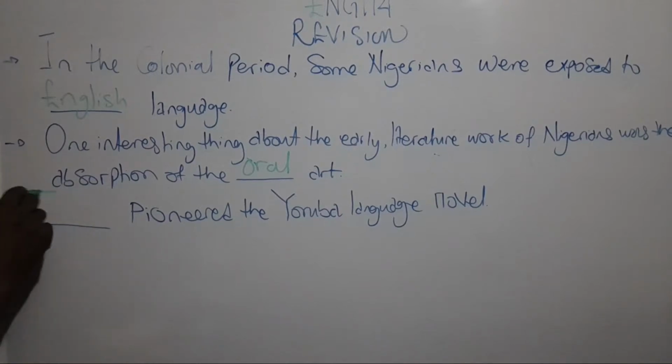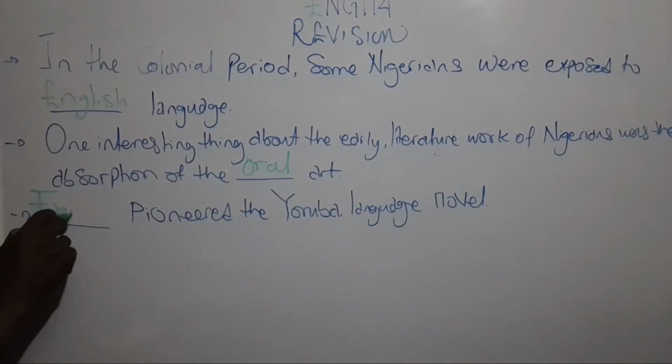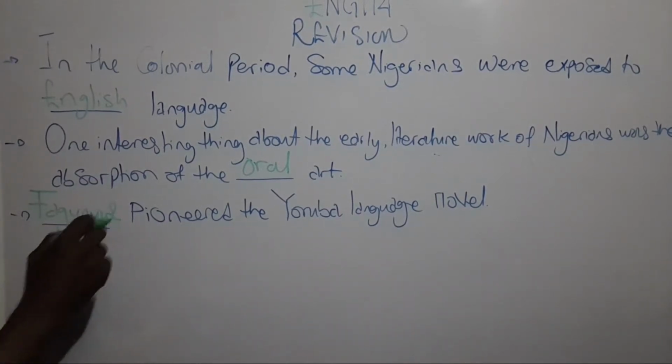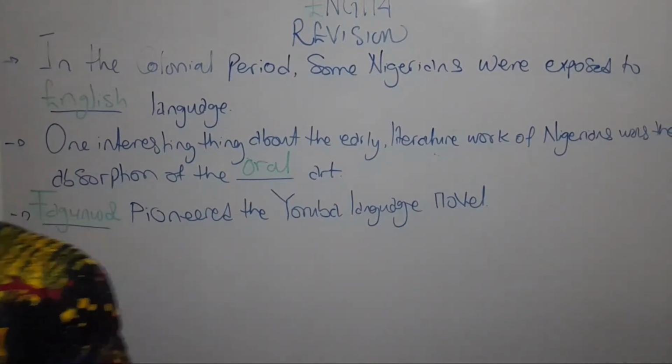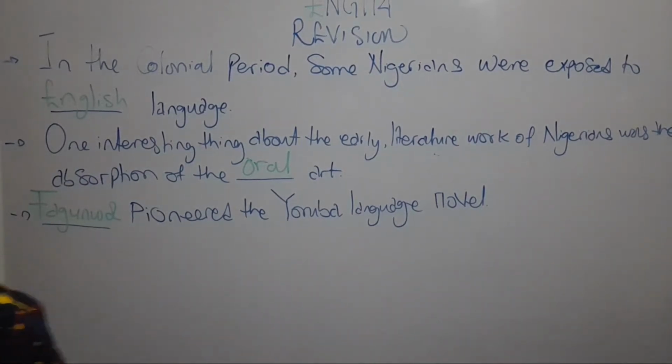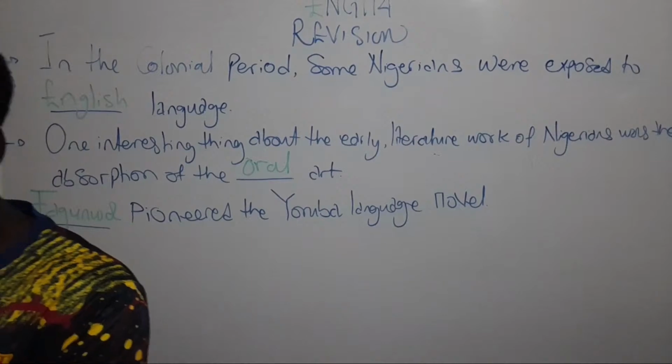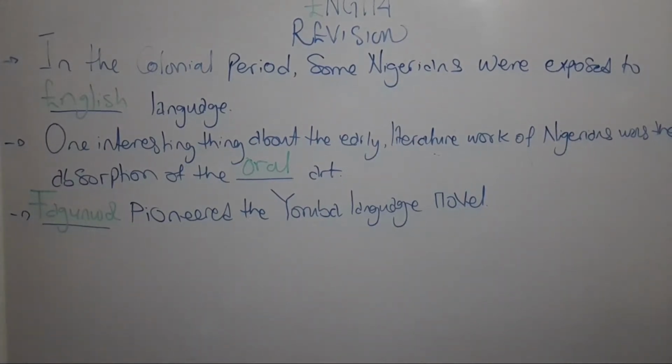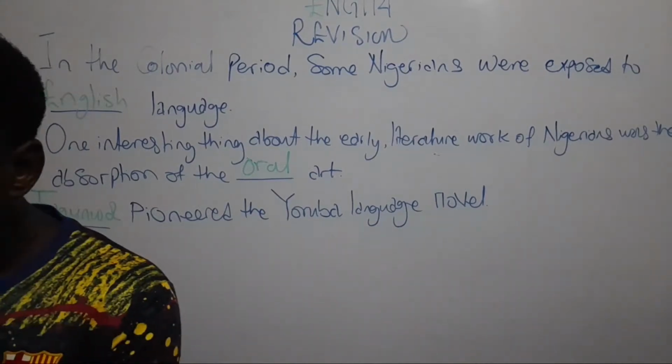So it's capital letter F. Wonderful. So let's continue. Now, Fagunwa wrote the novel Ogboju Ode, in that year.